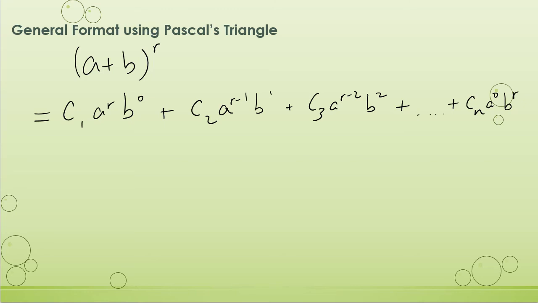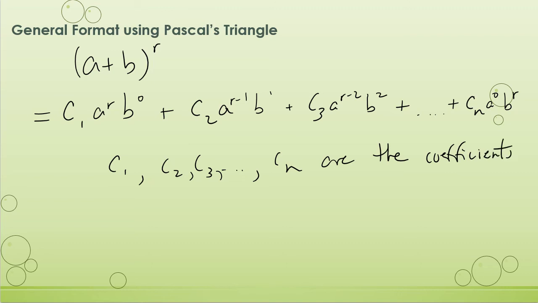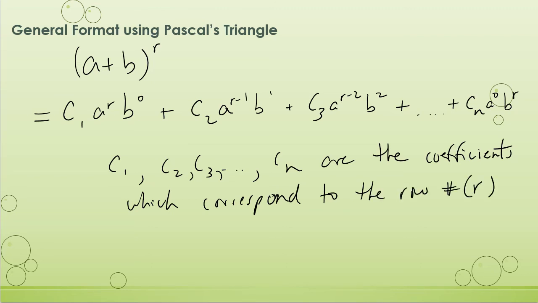What are all those c's? All of those c's, C1, C2, C3, all the way to Cn, are the coefficients which correspond to the row number, which is r, of Pascal's triangle.